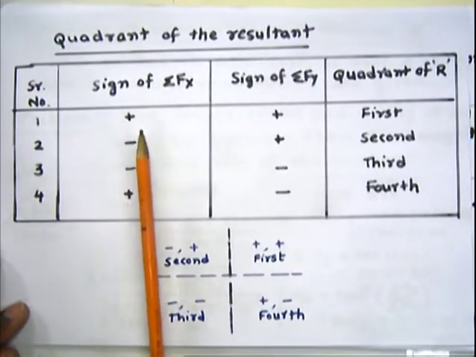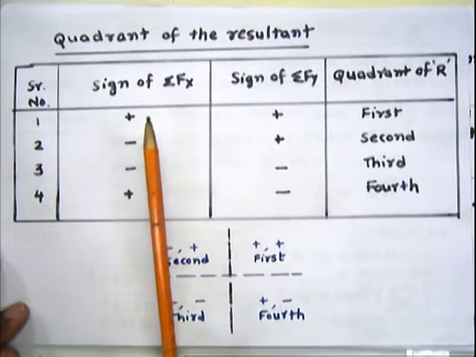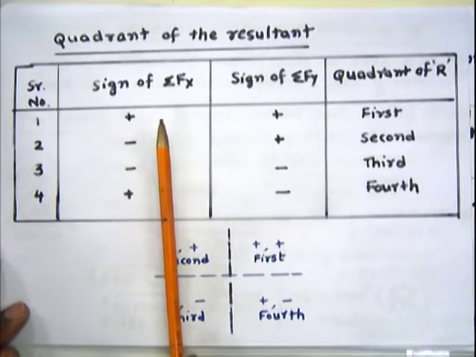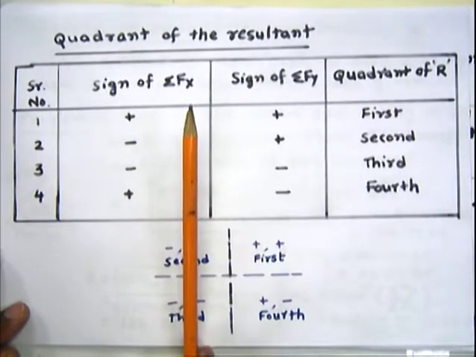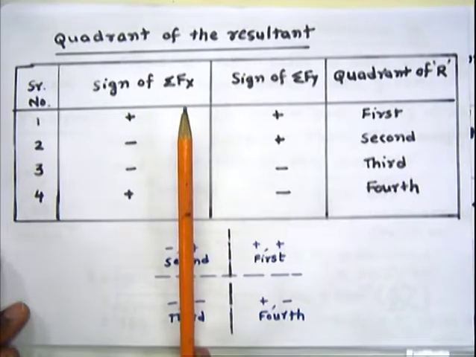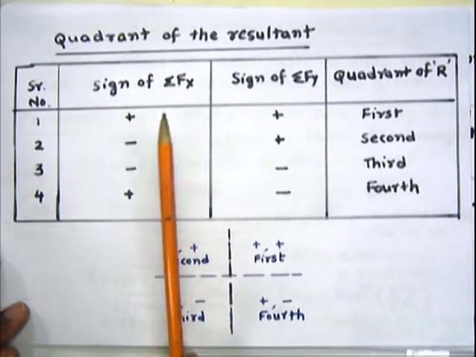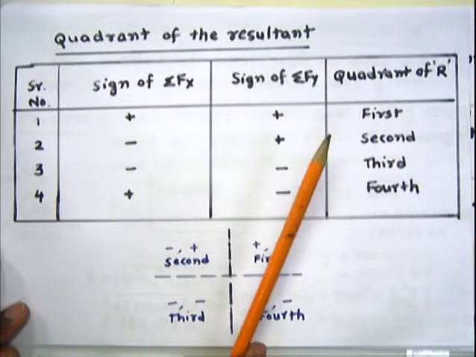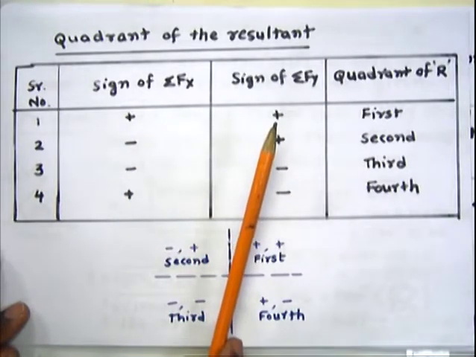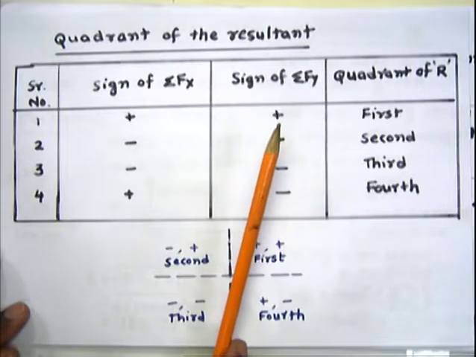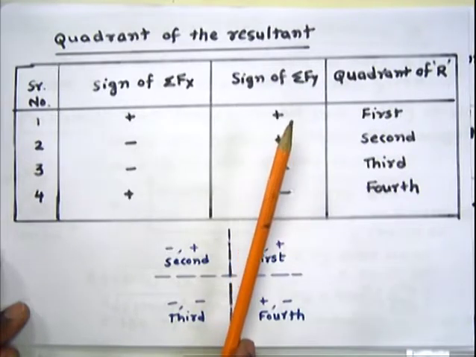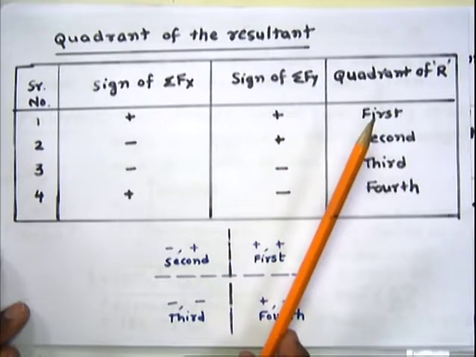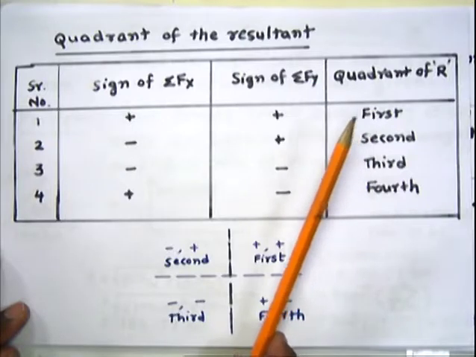Say you are getting the sign of sigma Fx, that is the algebraic sum of all horizontal components, as plus, and in the same way the value of sigma Fy, that is the vertical components, is also coming plus. Then it decides the resultant force would be falling in the first quadrant.